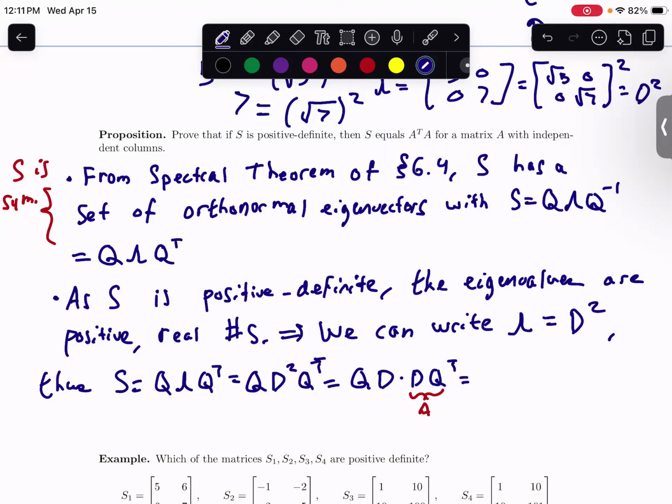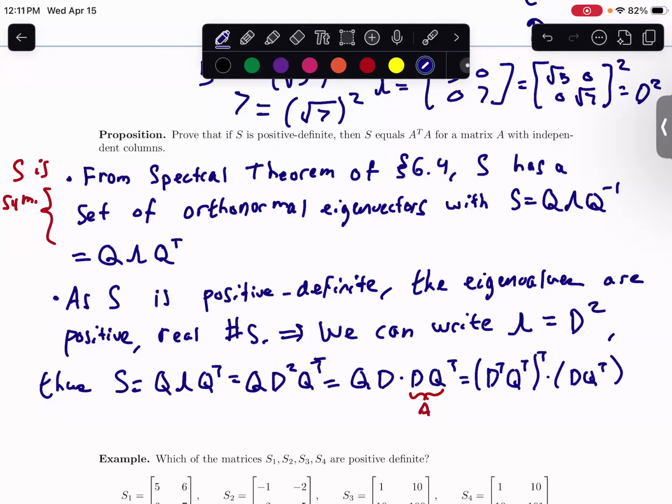It turns out this is the same as having D transposed times Q transposed transposed. If I distributed the transpose here, it would switch the order and get rid of the transposes, and that would just give you Q times D. And then this is going to be times D times Q transposed.